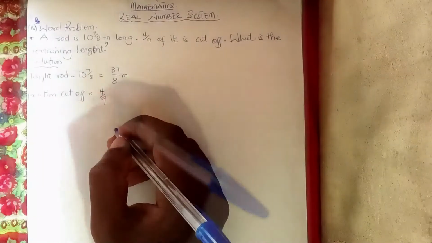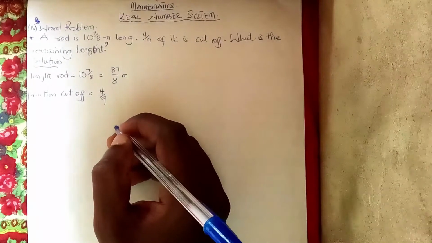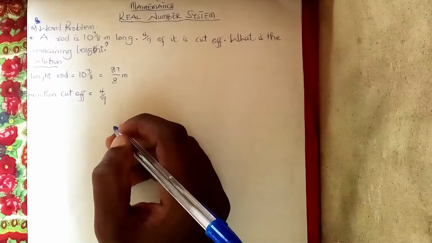And the cast off part, that's the fraction that was cut off. So the fraction cast off equals 4 over 9.